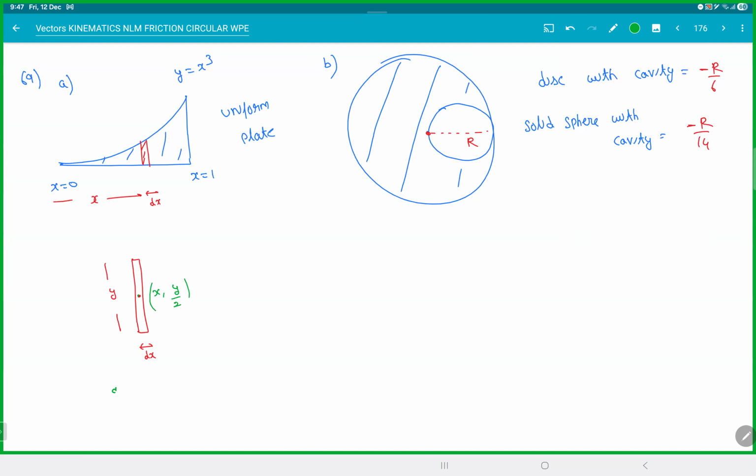The mass of this thin rod, dm, will be sigma into y into dx, the length into breadth. So for the x center of mass, it will be the integral of x dm by the integral of dm. Remember, x is the x coordinate of the rod, and dm is the mass of the rod. That is the meaning of that formula.